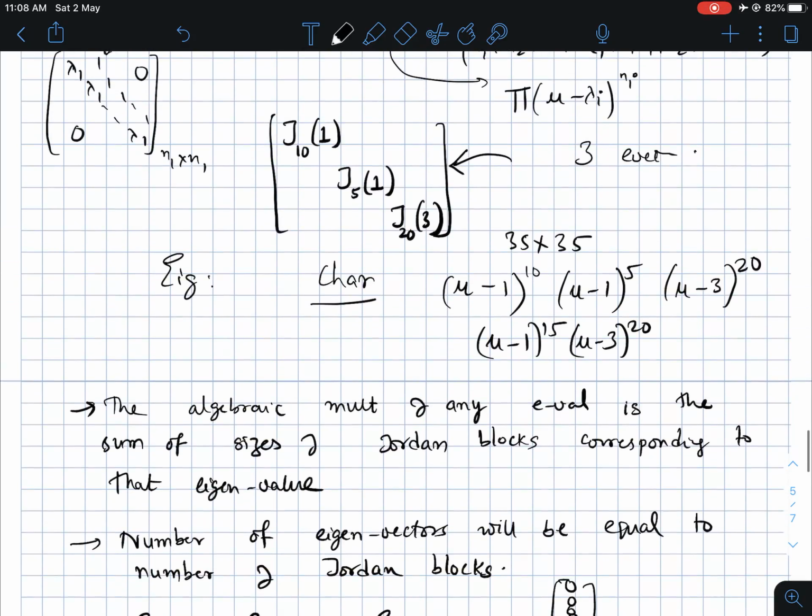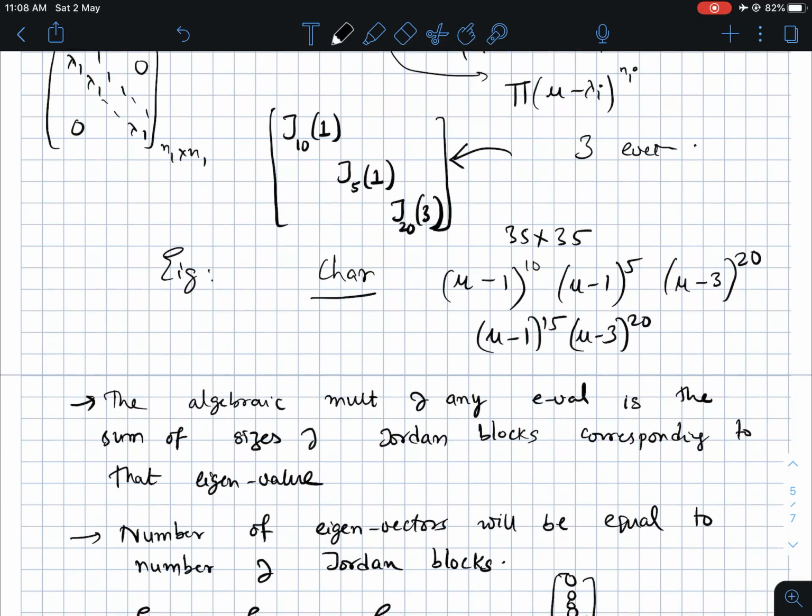If it is not clear, we can definitely check. If you are in doubt, the best thing to do is just start from scratch. Start with this matrix and multiply it with a possible vector, and check for its eigenvalues. For example, if you are trying to find its eigenvectors corresponding to eigenvalue 1, you just multiply with x1, x2, x3 and make it equal to 1 times x1, x2, x3.